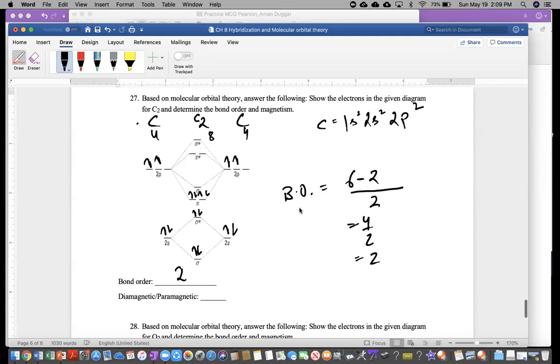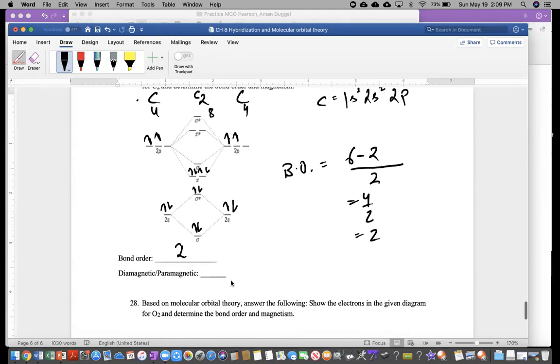And then we're going to check to see if it's diamagnetic or paramagnetic. Wouldn't it be paramagnetic? So what do you decide this on? Diamagnetic means your electrons should be paired, and paramagnetic means unpaired.